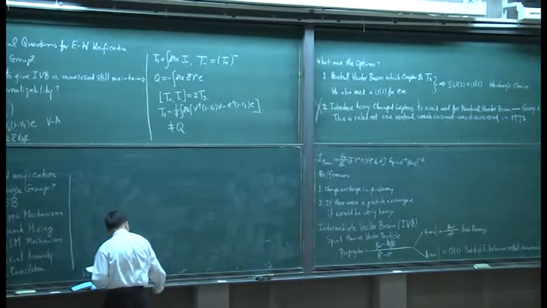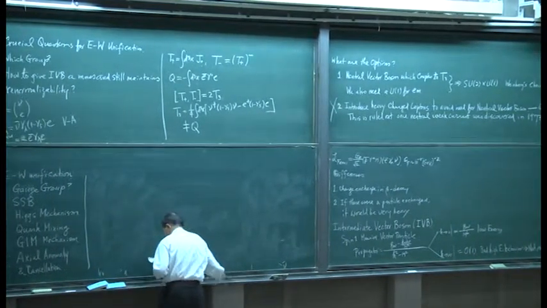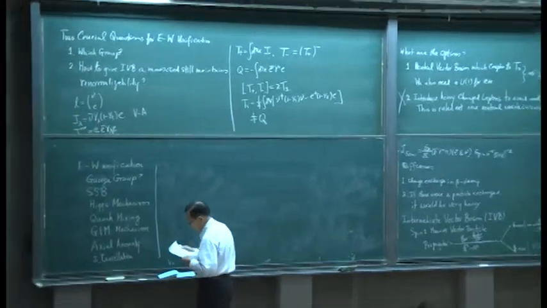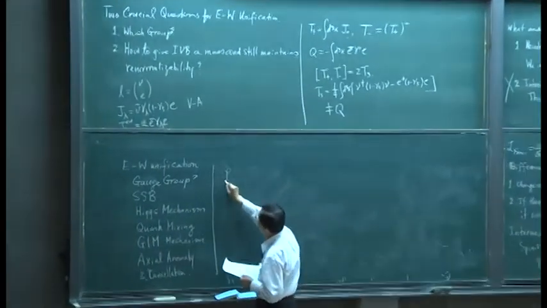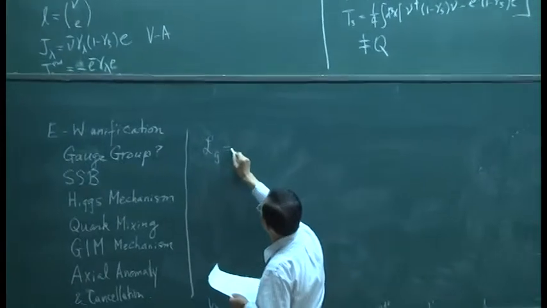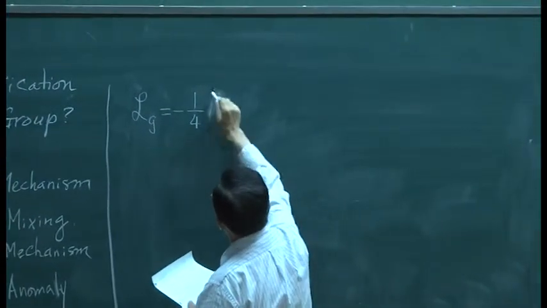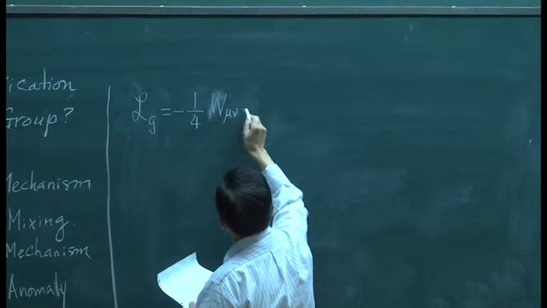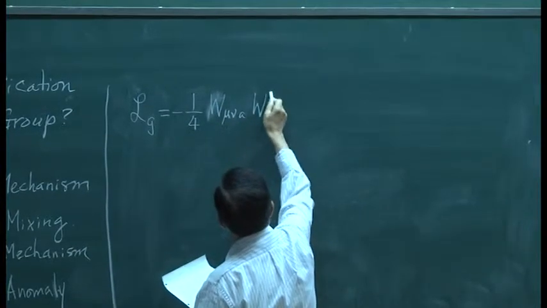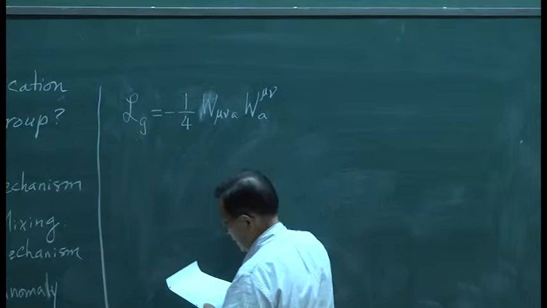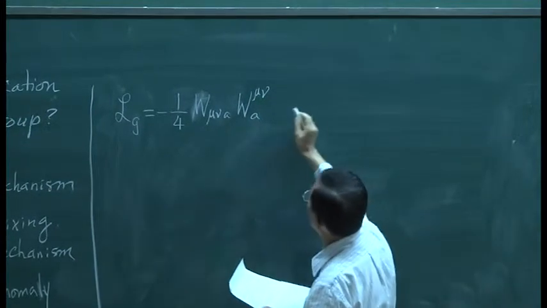So we can write down the gauge fields. The Lagrangian for the gauge field will be equal to minus 1/4 of W mu nu A W mu nu A. Okay? And that's the SU2.